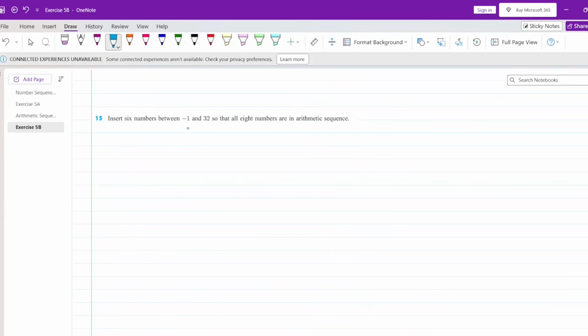Insert 6 numbers between -1 and 32 so that all 8 numbers are in arithmetic sequence. So we'll again do the same. What we'll do is we'll write -1 and we'll write 32.